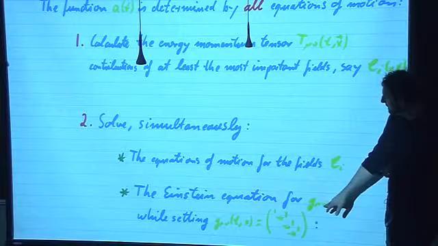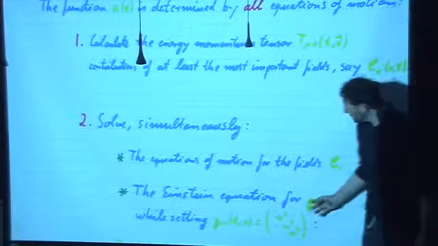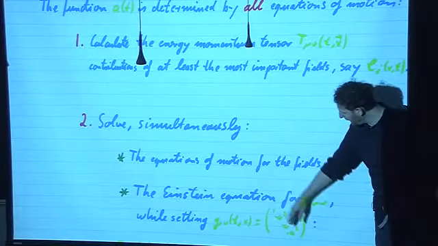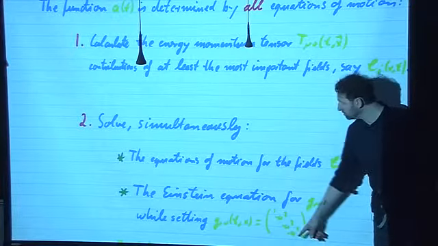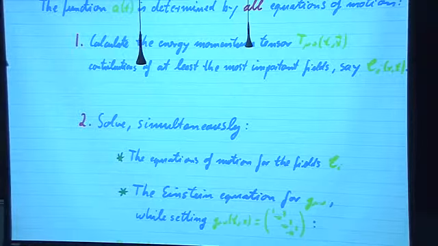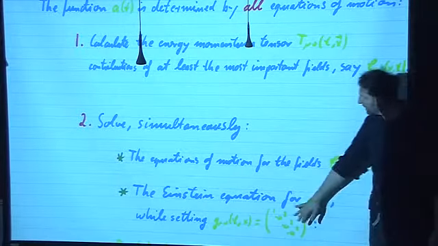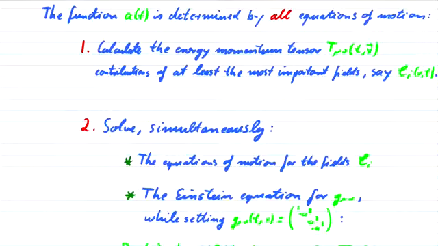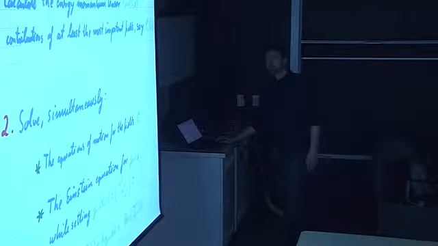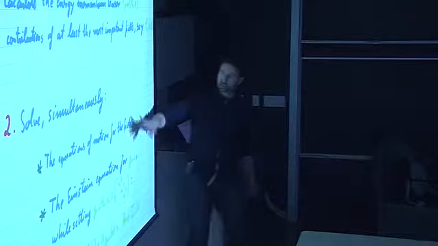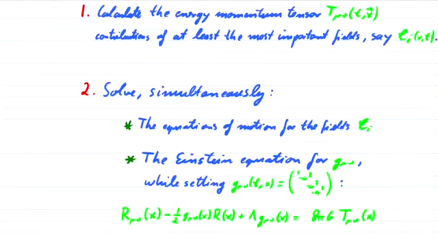And the metric is just given by this. So the Einstein equation is really an equation for a of t. So we have to solve two sets of equations, the equations of motion for the field and the Einstein equation, where the Einstein equation is coupled to what the fields are doing. So unfortunately, we cannot just solve these and then independently of that, we solve the Einstein equation.